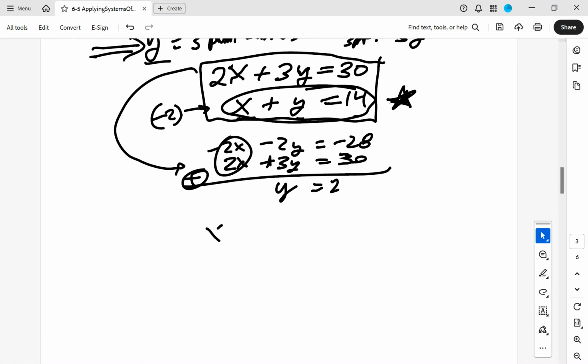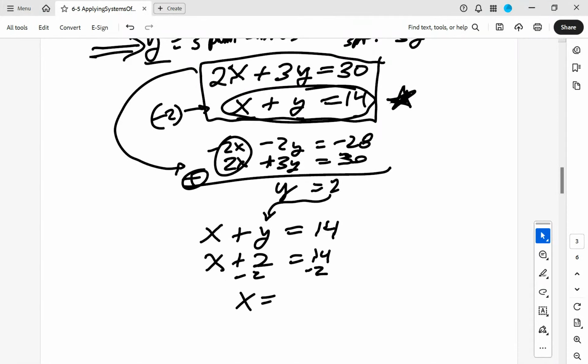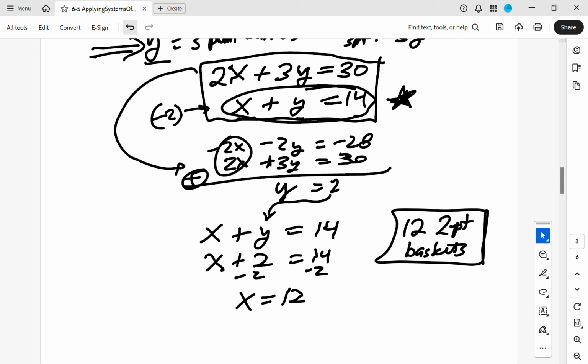And so I have the number of 2-point baskets plus the number of 3-point baskets is 14. I now know that y is 2, so x plus 2 is 14. Subtract 2, x is equal to 12. So 12 2-point baskets. That is our answer, what they're asking for.